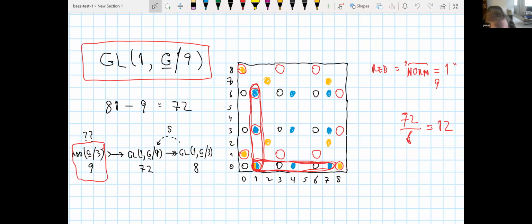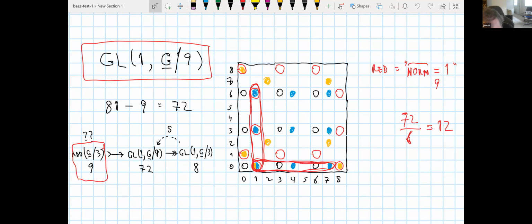It says that this is supposed to be a depiction of GL1 over the ring, the Gaussian integers mod 9. I'm using an underlined G as a symbol for the Gaussian integers here.